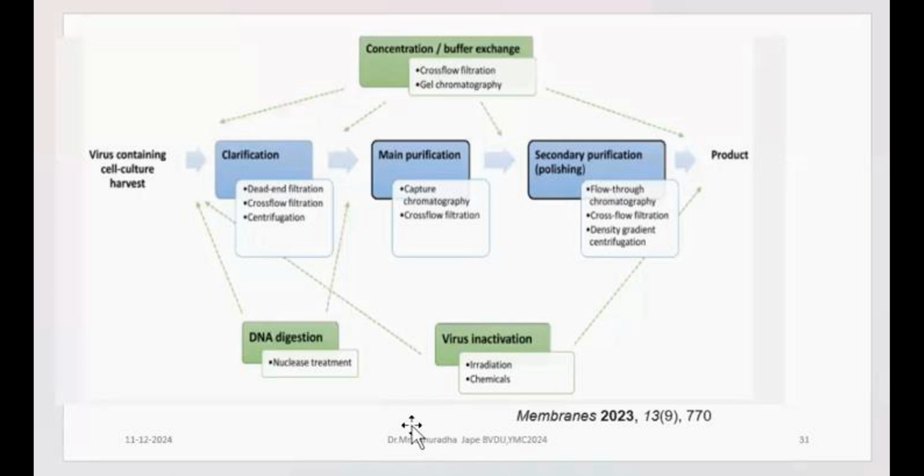Possible approaches when we are talking about purification of a virus from cell culture using chromatography include ion exchange chromatography, where pH is the working principle and ions are selectively retained on the chromatographic column.